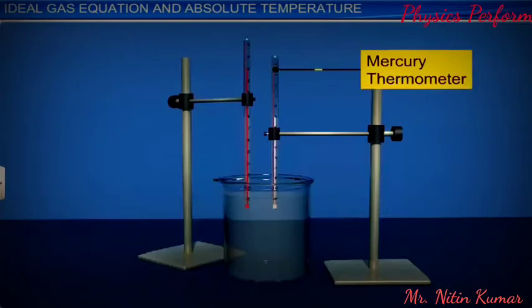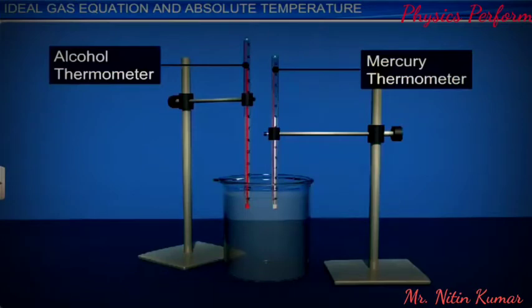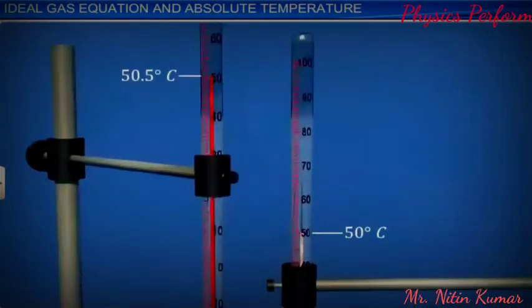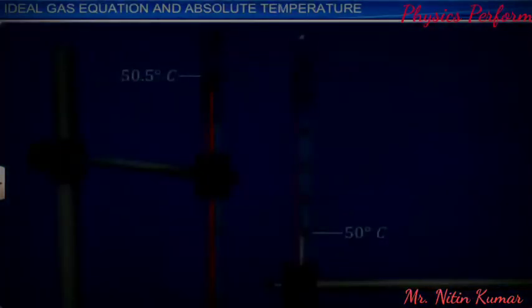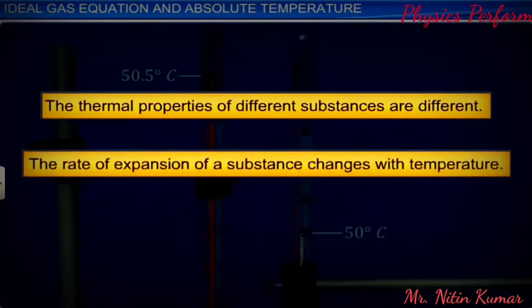When a mercury thermometer and an alcohol thermometer are used to find the temperature of a substance, they may not show the same temperature readings. This is because the thermal properties of different substances are different, and the rate of expansion of a substance changes with temperature.